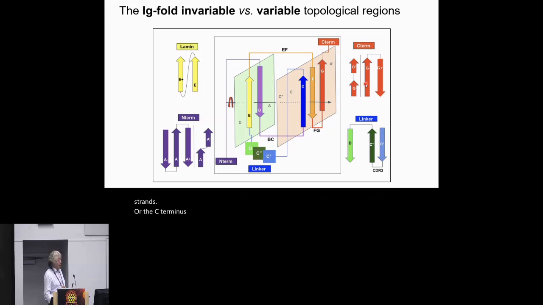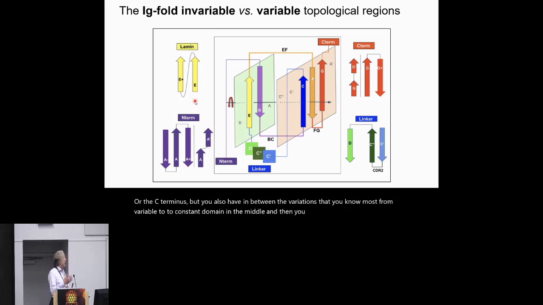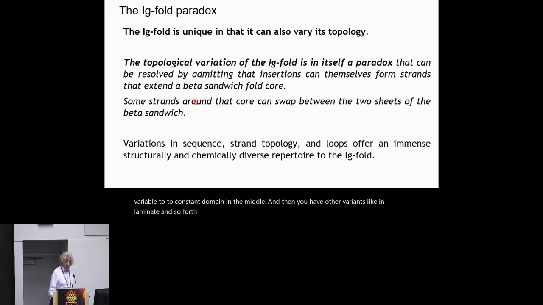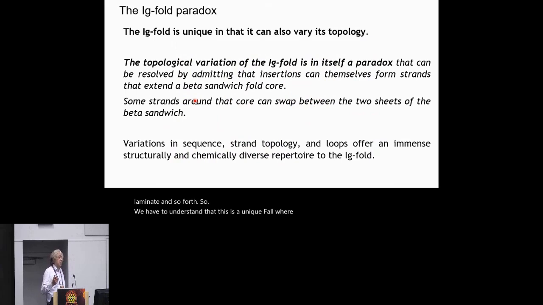But you also have in between the variations that you know most from variable to constant domain in the middle. And then you have other variants like in lamin and so forth.